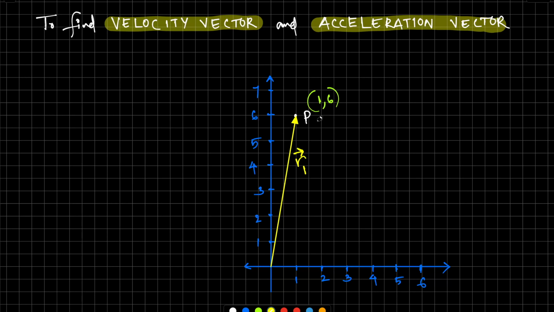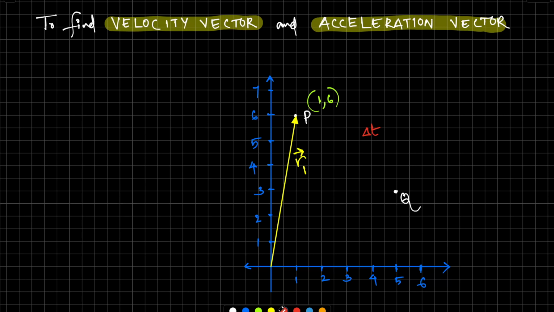Okay, now let's say this object starts moving from this point P to a different point Q. This is my point Q. So after a particular time delta t, the object has reached Q. Right?